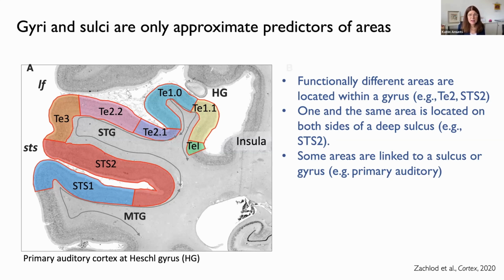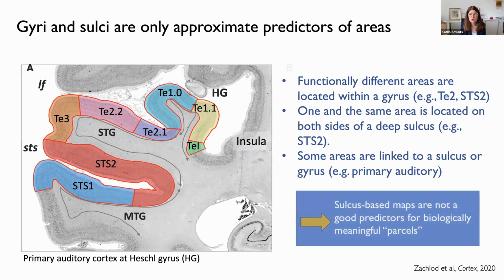Maybe this is good enough, but if you go further to higher auditory areas, then you can see that there are borders between TE2.2 and 2.1, which cannot be predicted by any sulcus. They are located right at the wall. And if you look at STS2 and STS1, the red and the blue area, then again, their border is located in the wall.